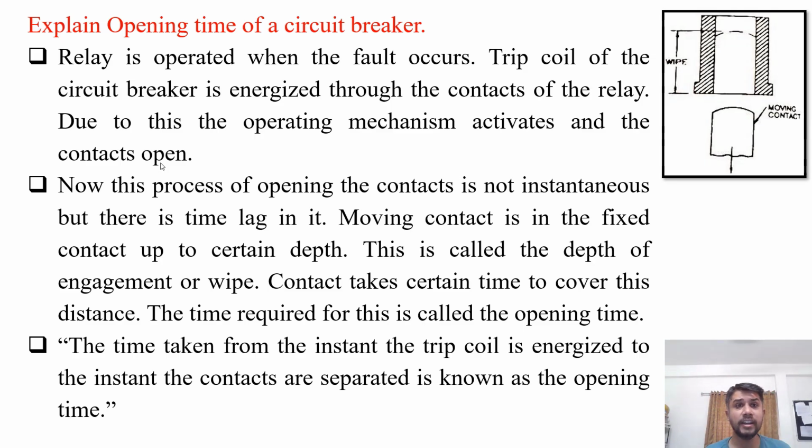So the opening time can be defined as the time taken from the instant the trip coil is energized to the instant the moving contacts are separated from the fixed contacts. So this is how the opening time of a circuit breaker can be explained, with a figure.